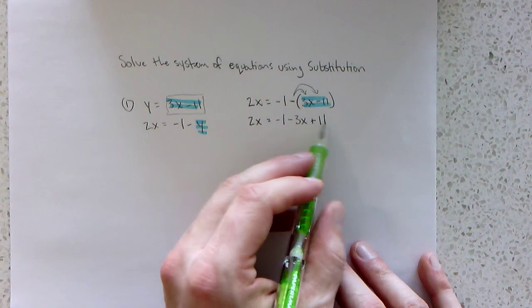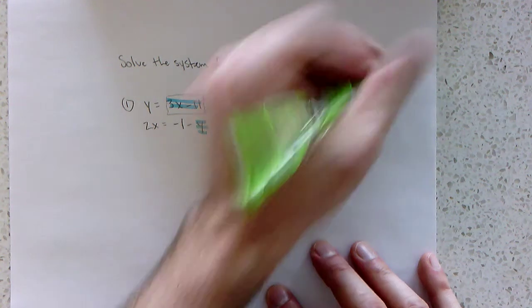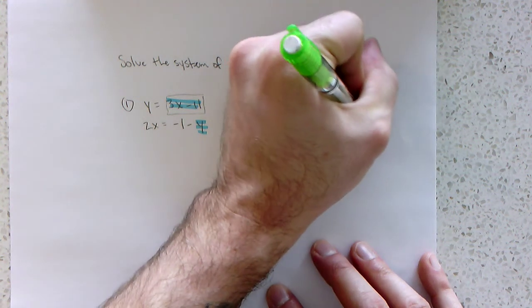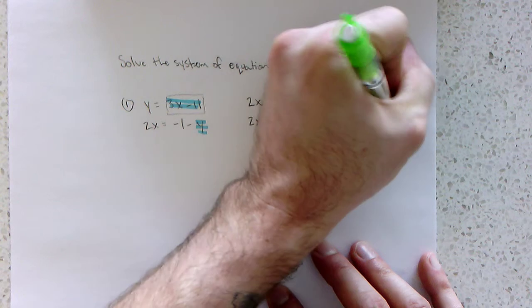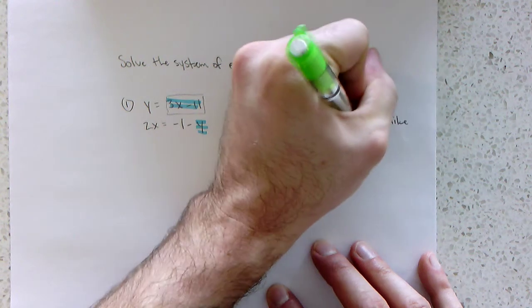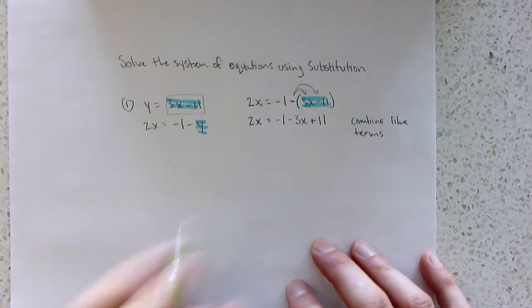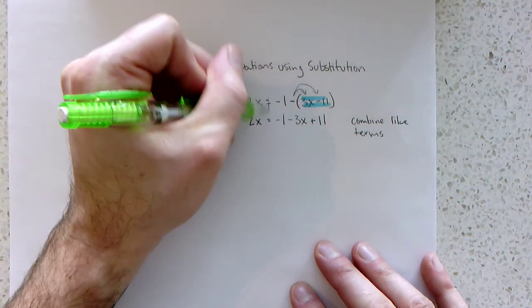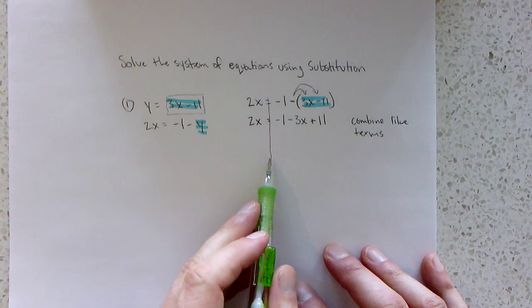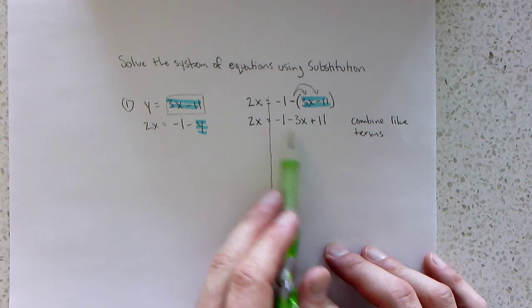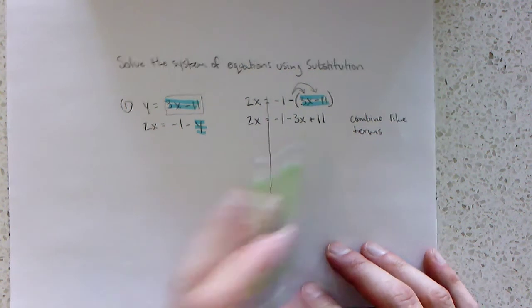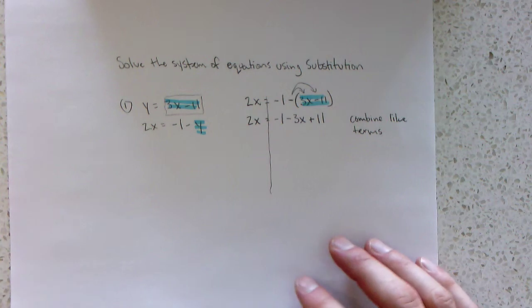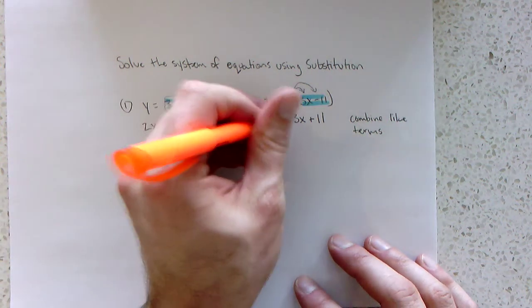Now I want to continue by combining like terms. So what I see is that on the right side of this equation, I have a negative 1 and a positive 11. These are my two that are going to be like terms.